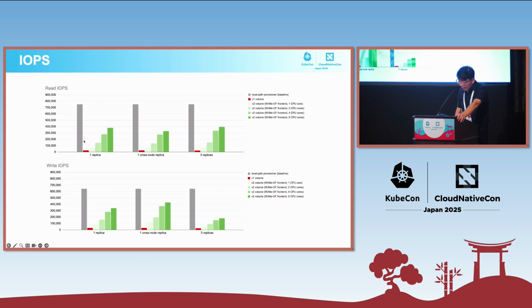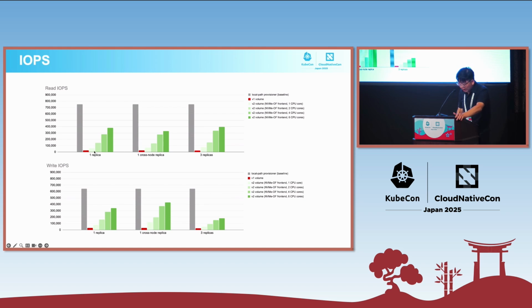The gray bar is the baseline, from the local path provisioner. And the red bar is the IOPS performance of the V1 volume. You can see the read IOPS and write IOPS of the V1 volume are not good enough. So that's why we introduced the V2 data engine.